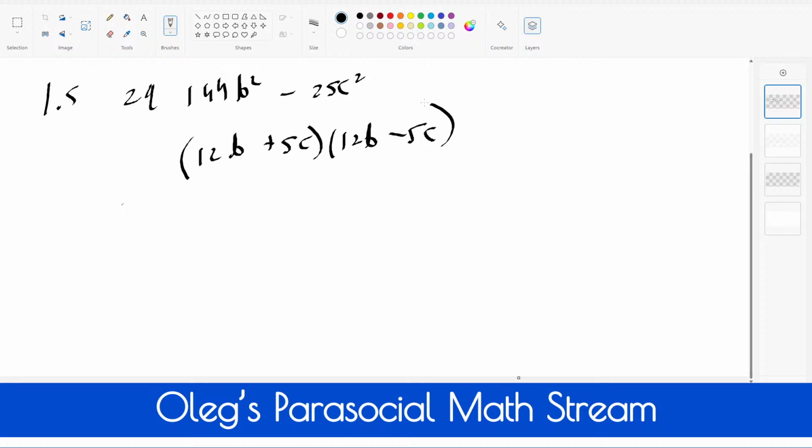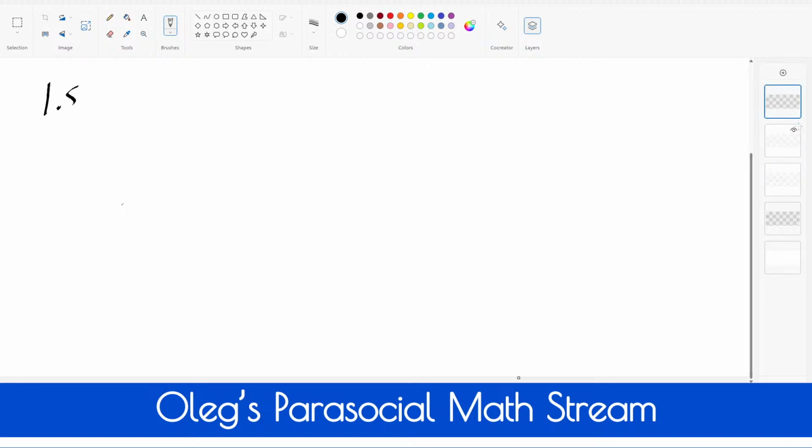Just as I mentioned a couple minutes ago, 12 squared is 144, and b squared is b. And of course, the 5c, if you square that, that's 25c squared. So yeah, that should be the answer there for 29. Yep, that's the one. All right, let's keep rolling along here.